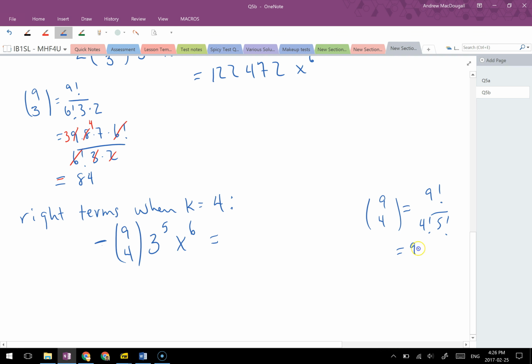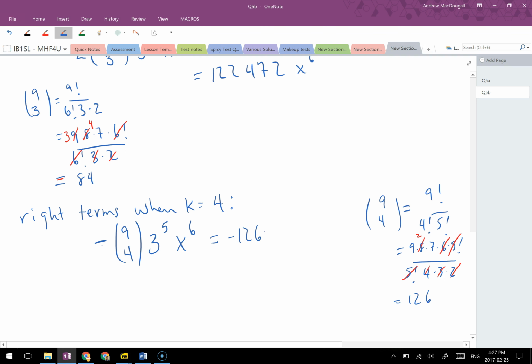Now that's 9 times 8 times 7 times 6 times 5 factorial over 5 factorial times 4 times 3 times 2. Let's cancel out the 5 factorials. 3 times 2 is 6, and 4 goes into 8 twice. So this is 9 times 14, which is 126. So this is negative 126.